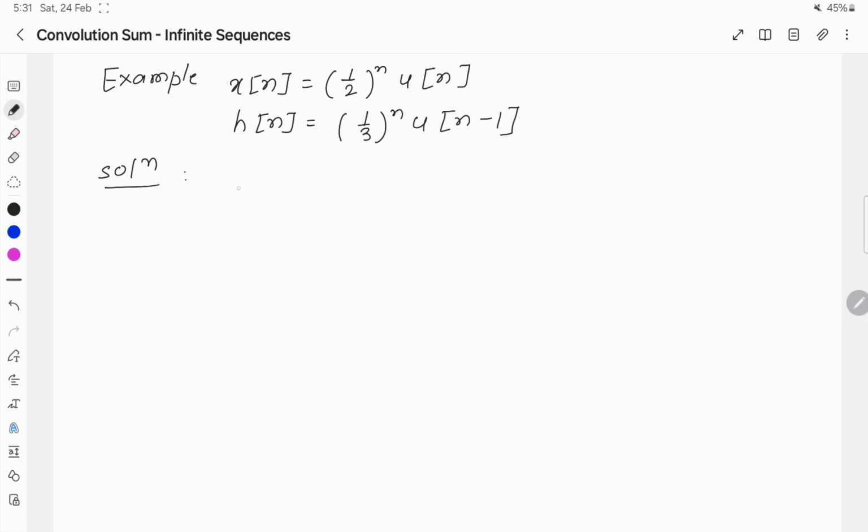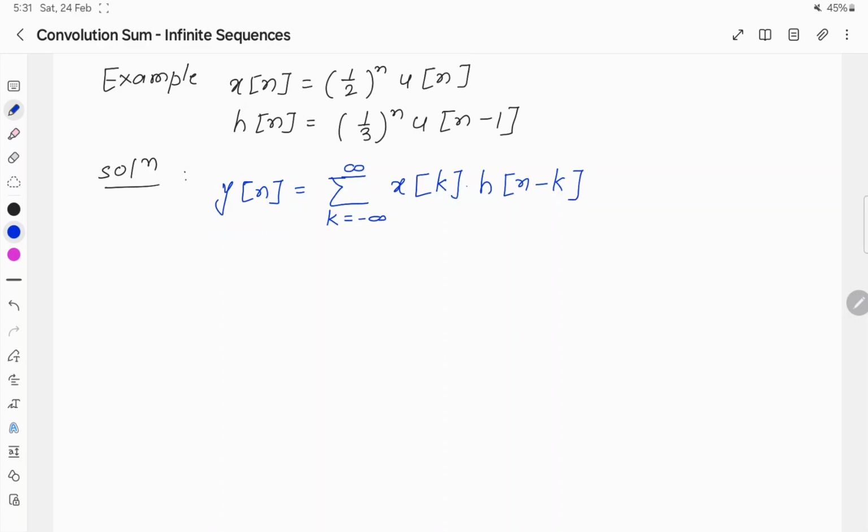So first of all, let us represent the equation for convolution sum. The original equation is given as y of n is equal to summation, k equal to minus infinity to plus infinity, x of k into h of n minus k.